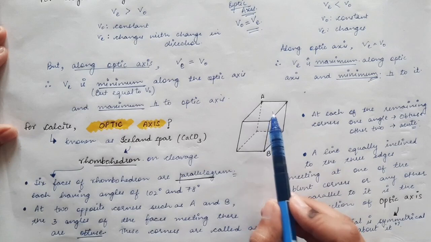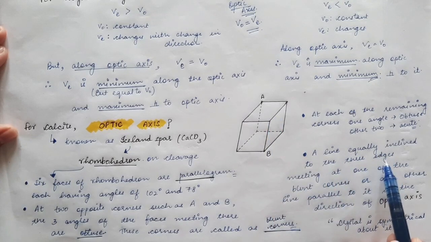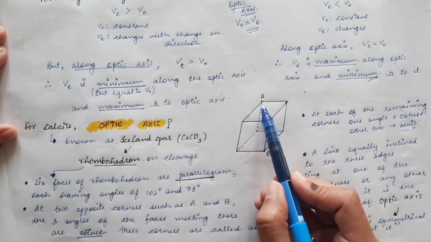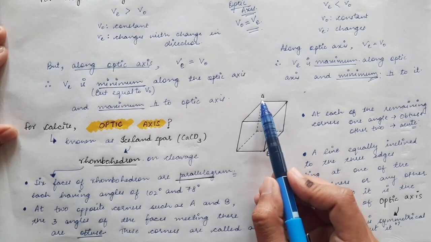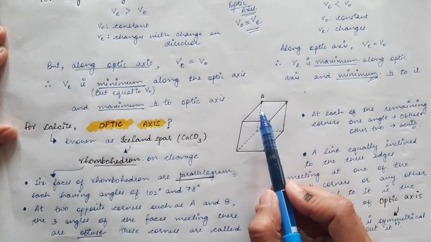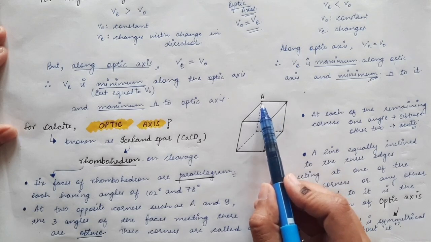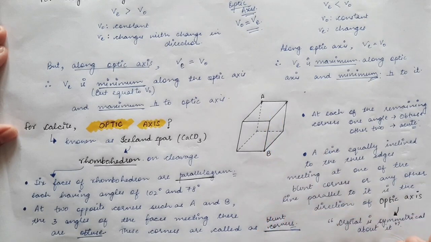So a line which is equally inclined to the 3 edges meeting at one of the blunt corners. You can take either this blunt corner or the other one, and you draw a line such that it makes equal angles with all the 3 edges meeting at this blunt corner. That will give us the direction of the optic axis.